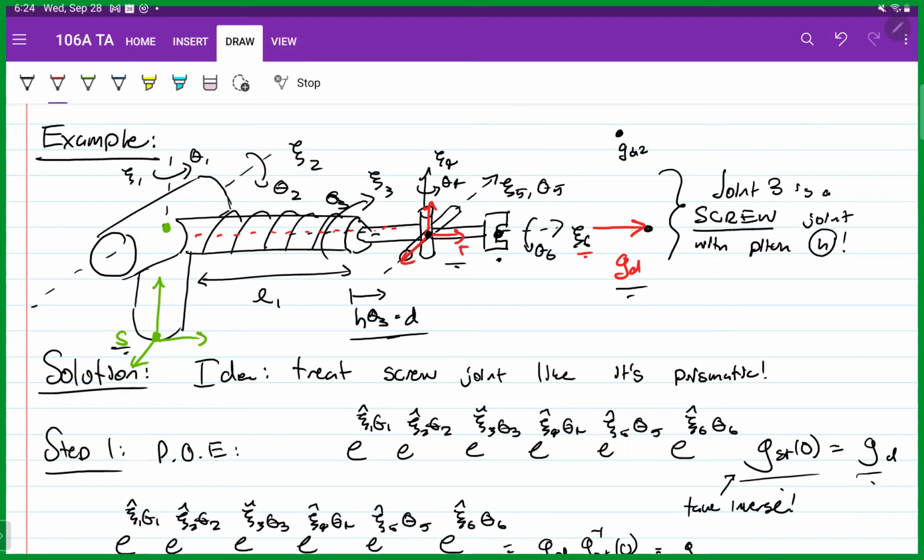That's rotating parallel. So any rotation that this screw axis will do will be parallel to this other axis of rotation that we already have here, this other xi6. So that means that all we really care about in this case is the amount that this thing is translated, right? Because we know that any rotation that happens because of the screw joint, we can just undo with the help of this xi6, right? So we really don't care about the screw property. We can just think of it exactly like the same prismatic joint that we were dealing with before.